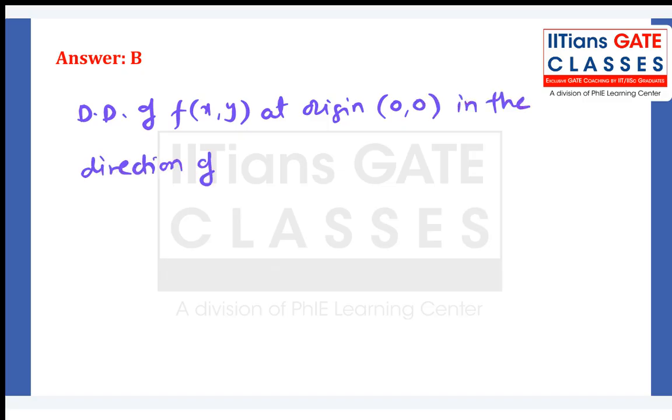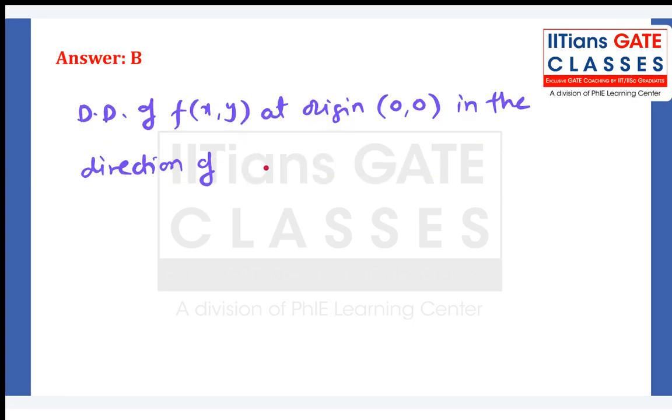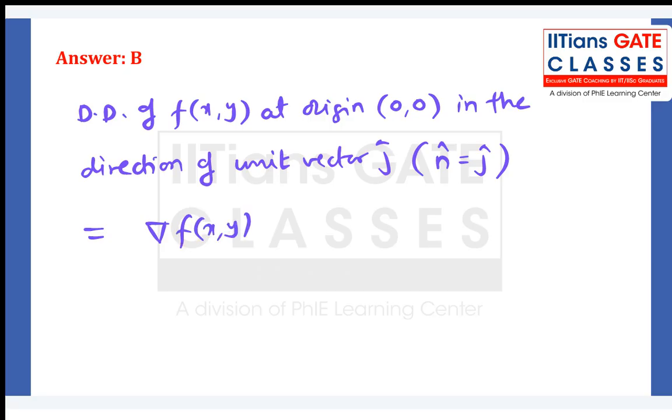in the direction of, what is the direction of unit vector j? That is nothing but along the positive y direction, j cap. So you can consider this unit vector n cap as just j cap. It is given by the gradient of f(x, y) evaluated at that point.